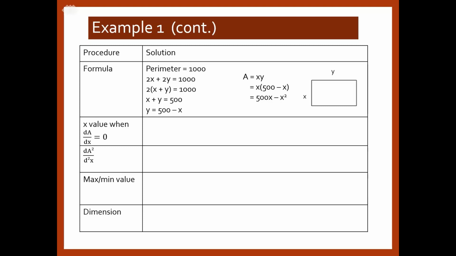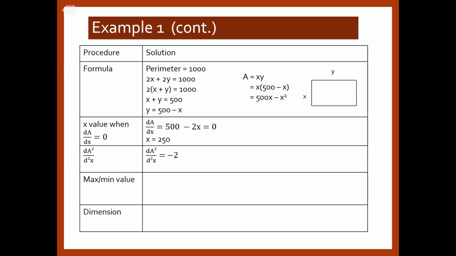The area of the rectangular field is represented as A equal to xy. Replace y with 500 minus x and simplify the equation. You will obtain A equal to 500x minus x squared.